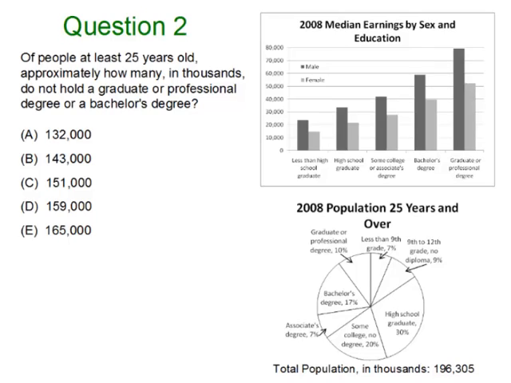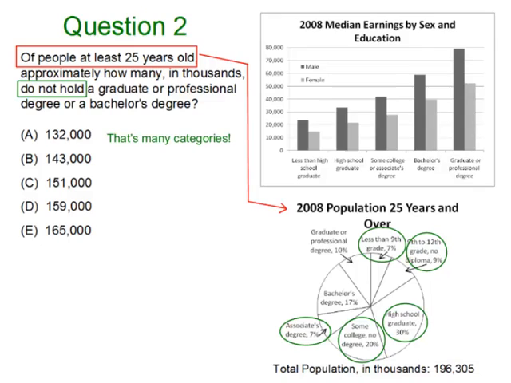All right, so again, we already kind of know where to go on this when we see that language of people at least 25 years old. We know to go to that pie chart at the bottom because the other chart doesn't specify age.